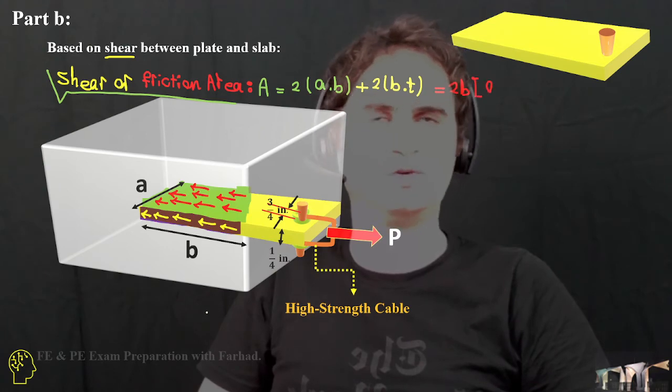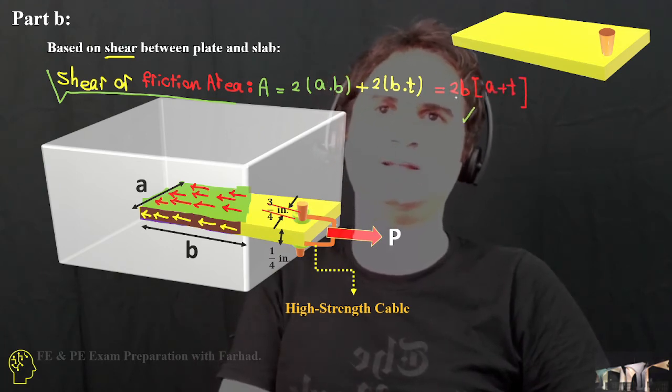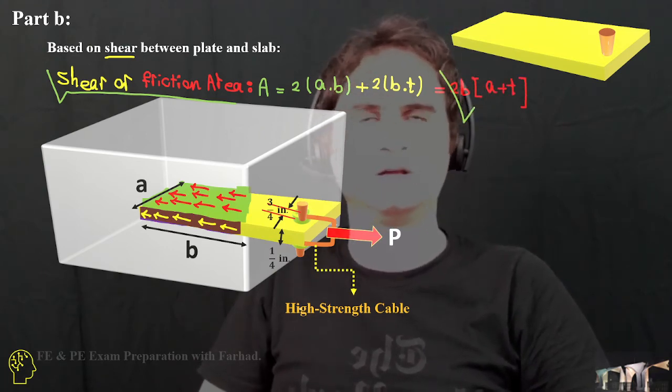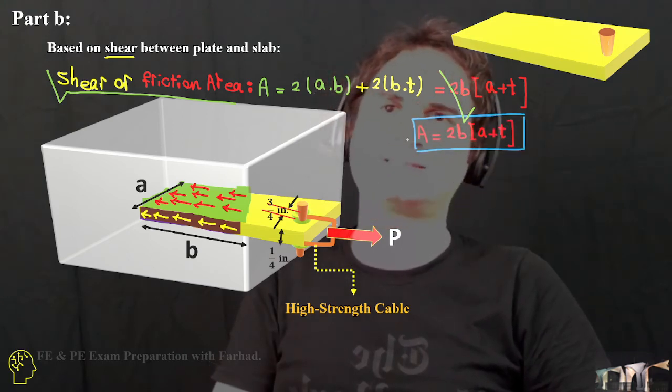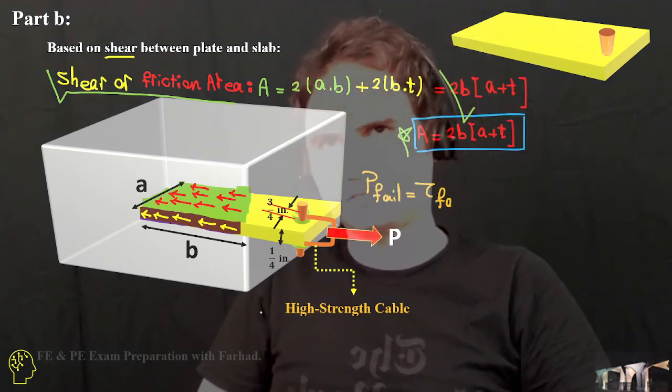If you simplify that, it's 2B times (A plus T), and that's our area.